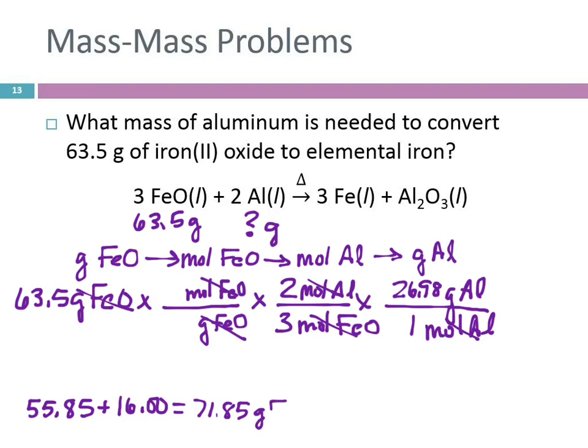That's grams of FeO is equal to 1 mole of FeO. So for this term, the number goes with the gram. It's 1 mole. 71.85 grams is equal to 1 mole for that compound. Any questions?